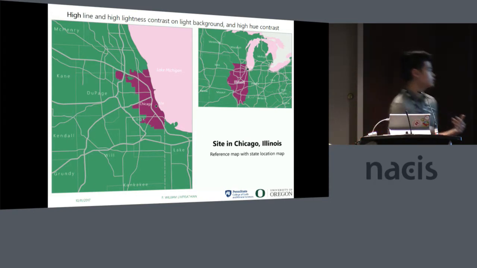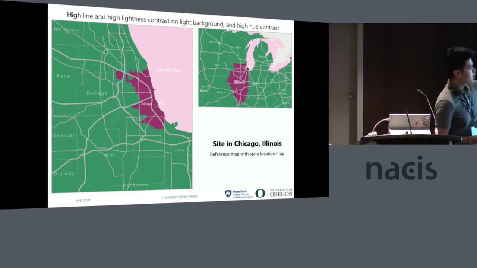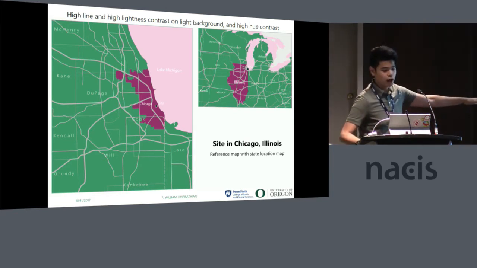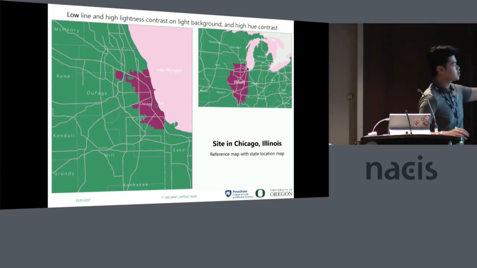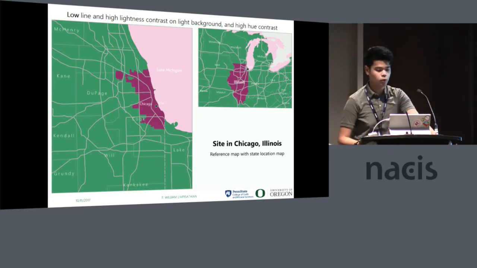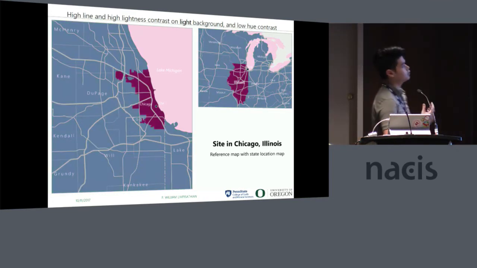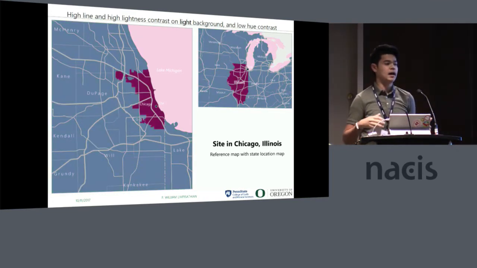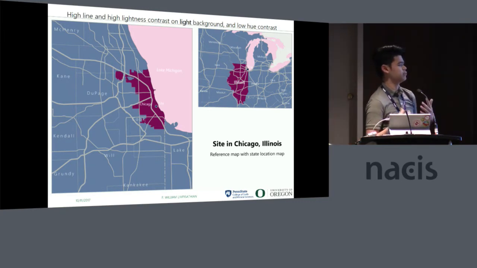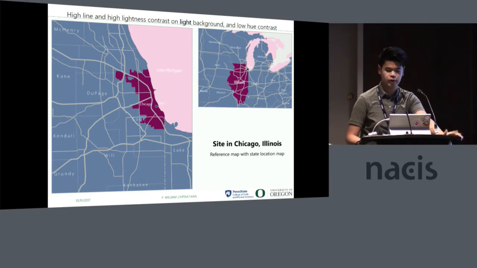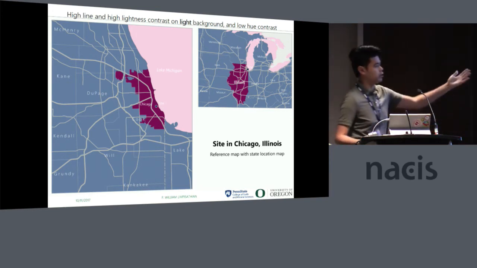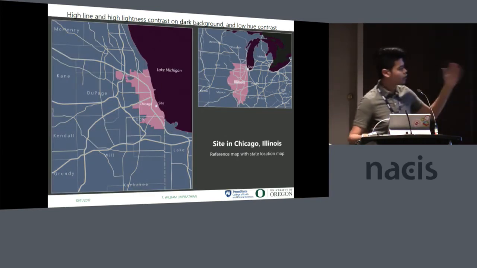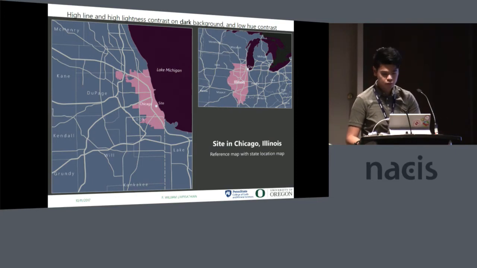This is high line contrast, which has more variation in line weights for each object on the map, versus this one, which has a more uniform line weight applied to the map. And then we also have to account for the background lightness orientation. So it can be a light background with dark foreground versus a dark background with light foreground.